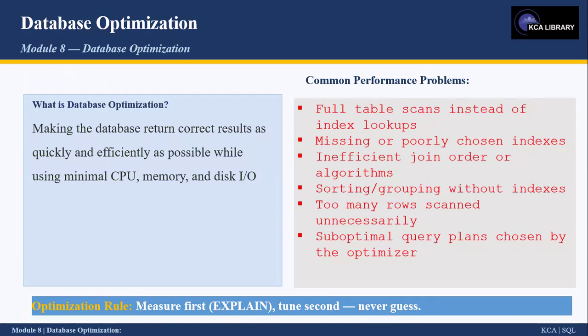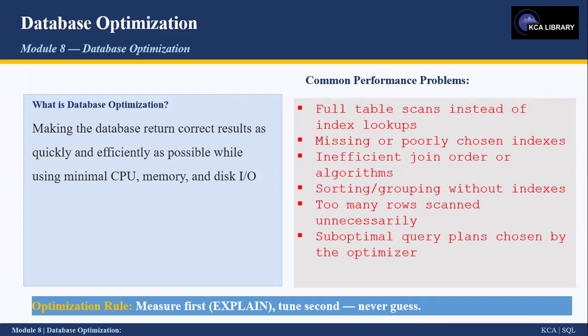So, what exactly is database optimization? Optimization means making the database return the correct result as quickly and as efficiently as possible while using minimal CPU, memory, and disk I/O.